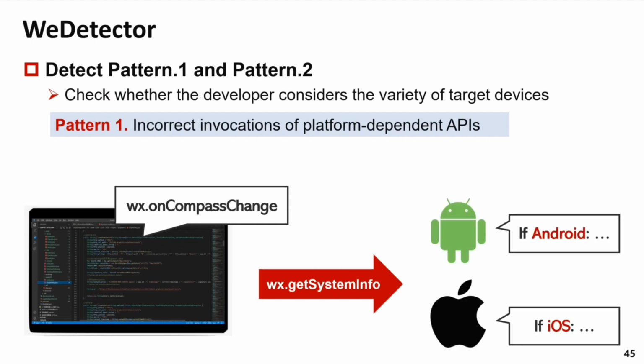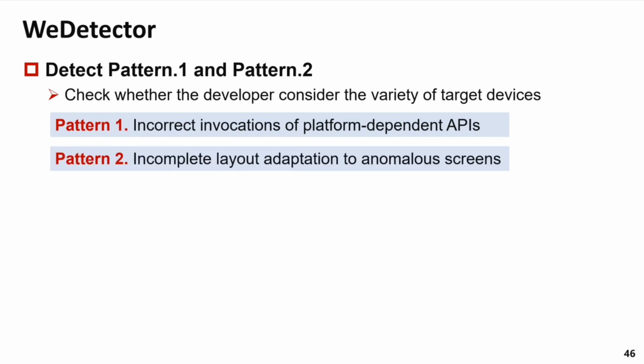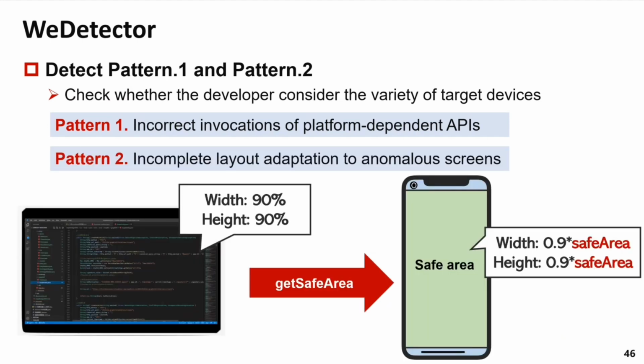If developers use the platform-dependent APIs but do not consider the corresponding operating system restrictions, we report a VBug. For VBugs under pattern 2, the detector checks whether developers identify the safe area of the target devices and adapt layout based on the safe area.